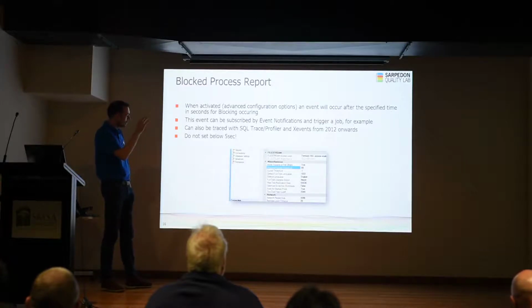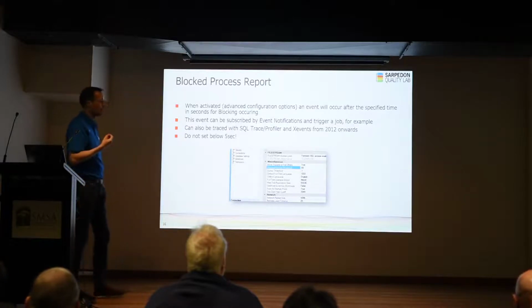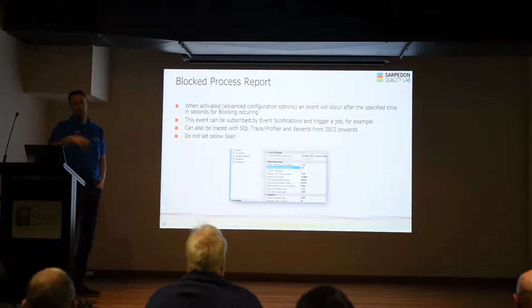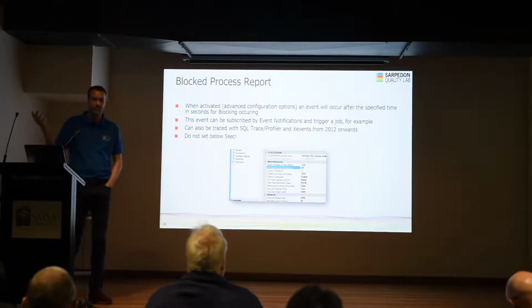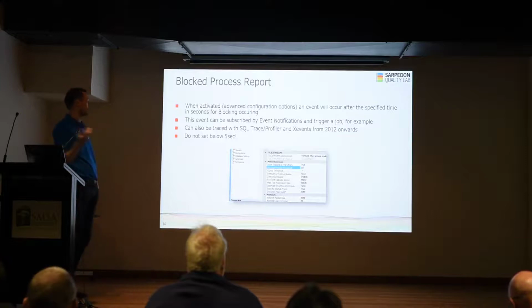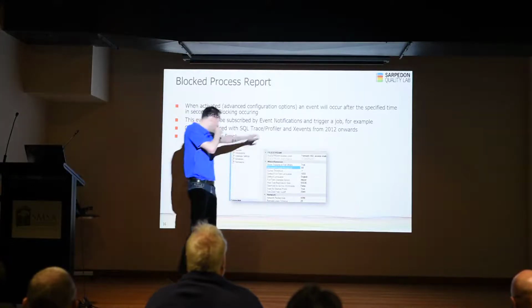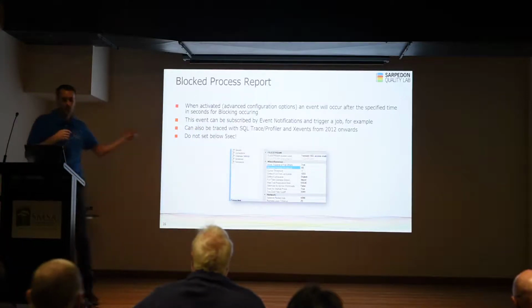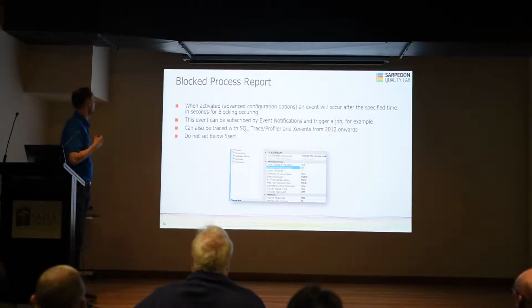Yeah, so then you have an event that happens, that's the blocked process report event. And this event, you can catch with event notifications, or with extended events, obviously. I hope you're not using this old tool here anymore. Yeah, there it is, which could also, of course, see it.